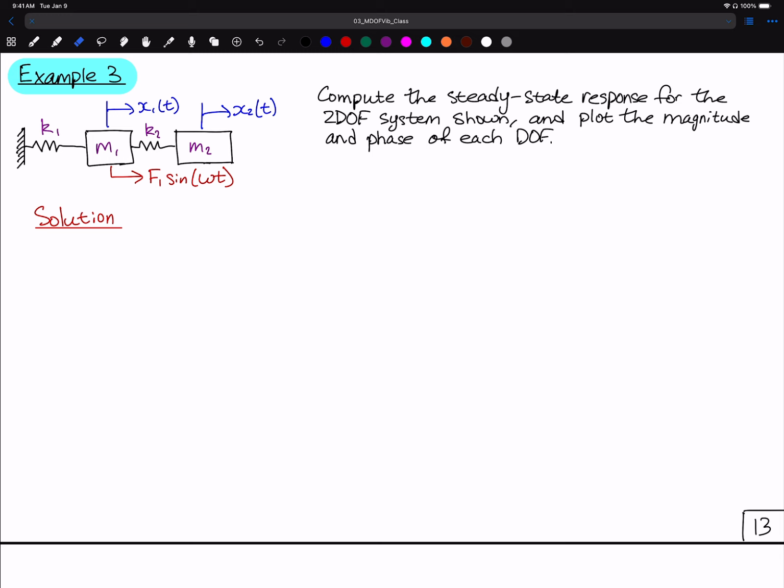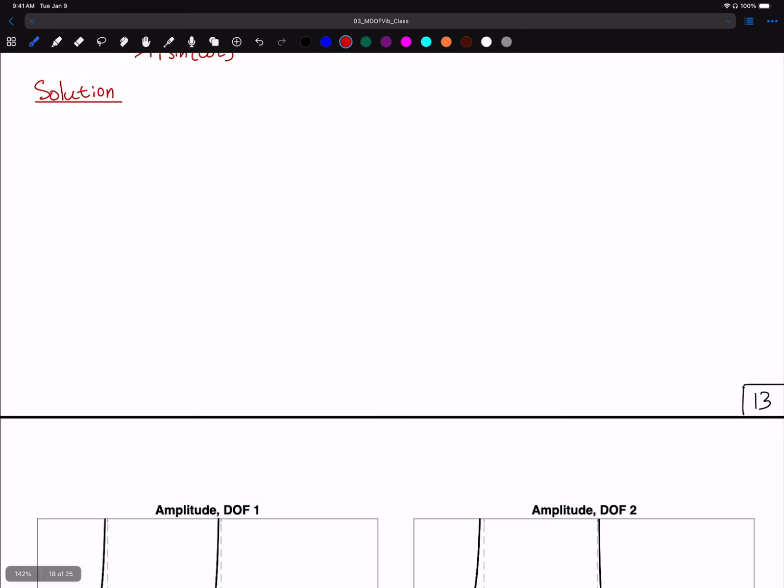All right, so for our solution, we're going to first off write out the matrix form of the equation of motion. In the very beginning of this section of notes, we actually covered what this looks like for an n degree of freedom system, so you can just follow those formulas. So for our mass matrix, we're going to have m1, 0, 0, m2.